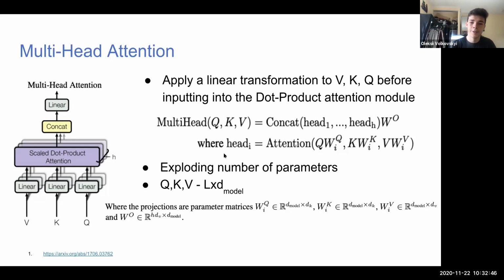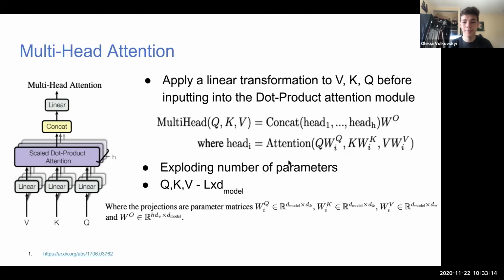Each attention head is the dot product attention that we saw before, except now there's another linear matrix multiplying it, and when you compute all of these heads, you concatenate them back together, which is this block, and multiply it by a linear layer.